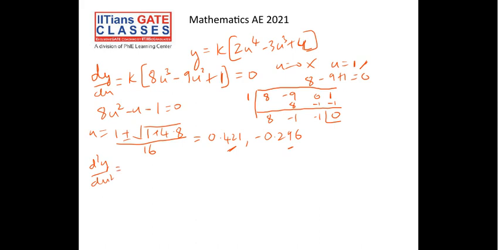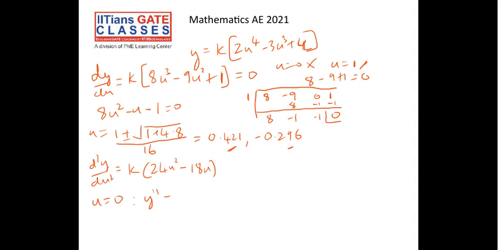Now we need to find out which of these values actually forms the maxima. So let's take the second derivative. It comes to d square y by du square, which is equal to k into 24u square minus 18u.